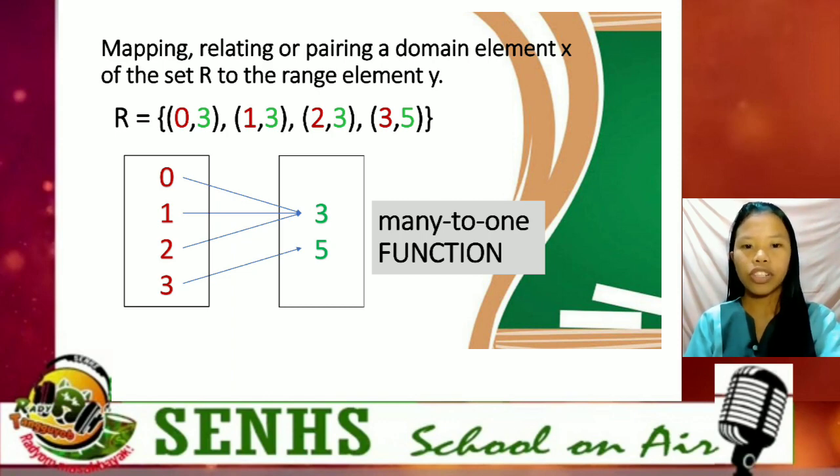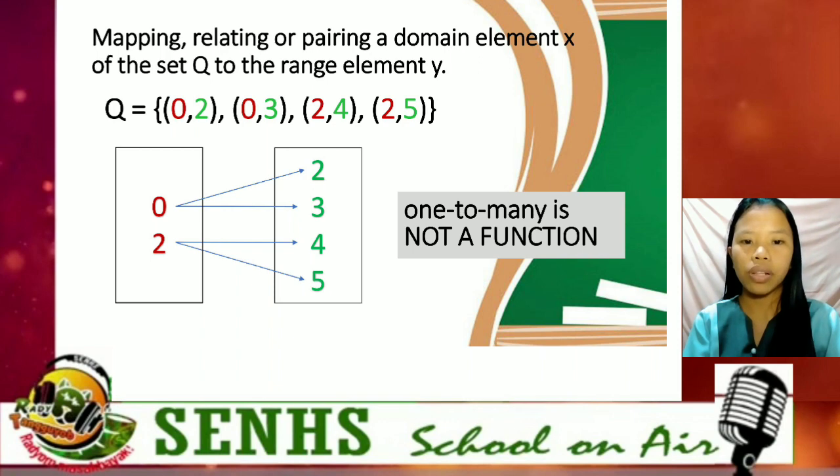A function is a relation that assigns to each element of the domain exactly one element of the range. Here, 0 is paired to the number 3, 1 is also paired to 3, 2 is also paired to 3, and 3 is paired to 5. So we can see that each element of our domain is paired to an element in our range. We call this function a many-to-one function.